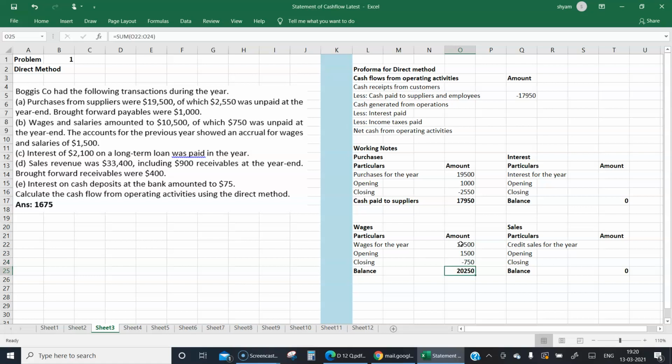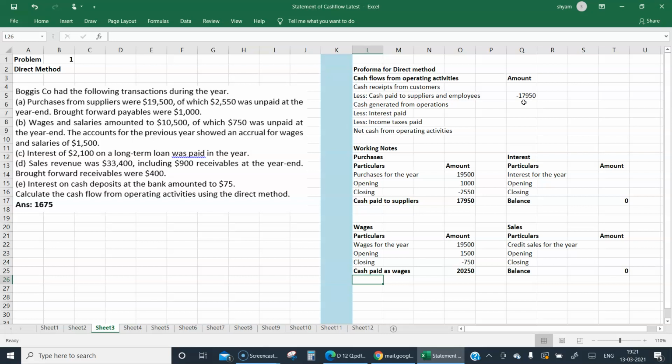So what does this mean? We already have to pay 1,500. This year we got work for 10,500. So it totally comes to 12,000. Out of that, we have not paid 750 at the year end. So it means the cash paid as wages is 11,250.